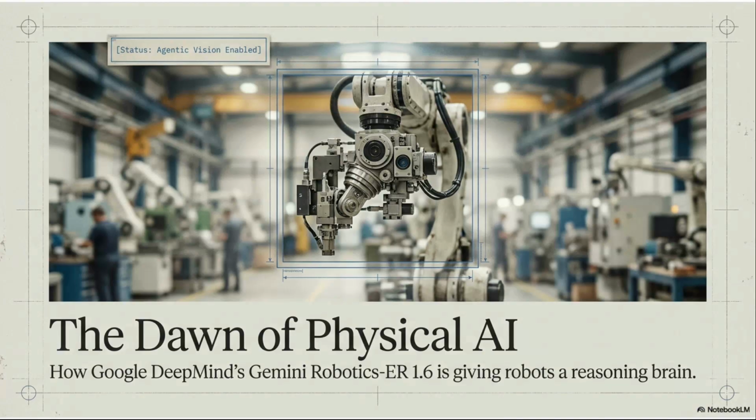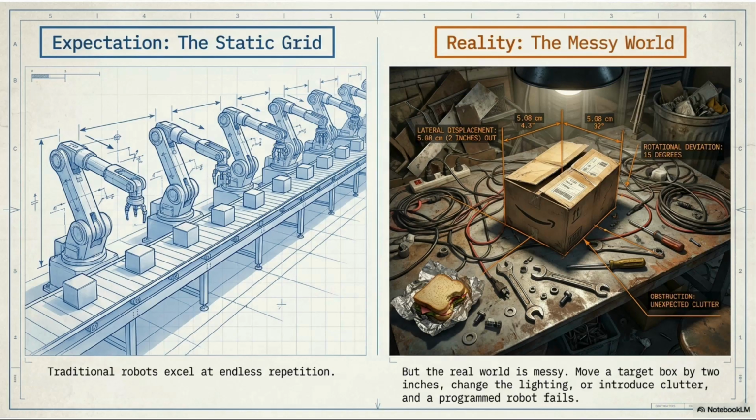So what is ER? This is an embodied reasoning model developed by Google DeepMind. The expectation of the traditional robot is to loop, doing tasks, without any kind of intelligence to perform in a real-world environment, but the reality of the work unit is very different.